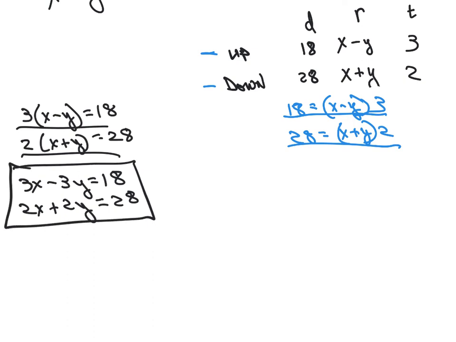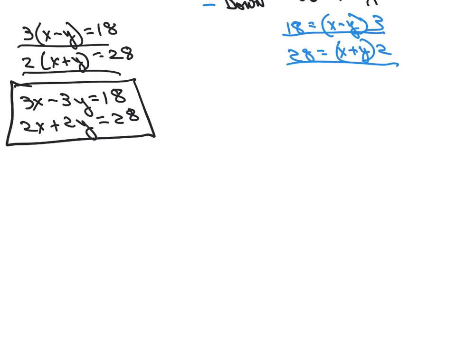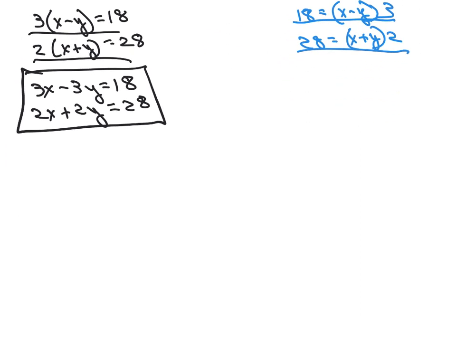So we're going to use our systems of equations. The book does it one way; I'm not going to do it that way. You can look and see what they did. I guess if you just want me to show you, they factored out a 3 from the top equation, leaving x minus y equals 6, and a 2 from the bottom, leaving x plus y equals 14.